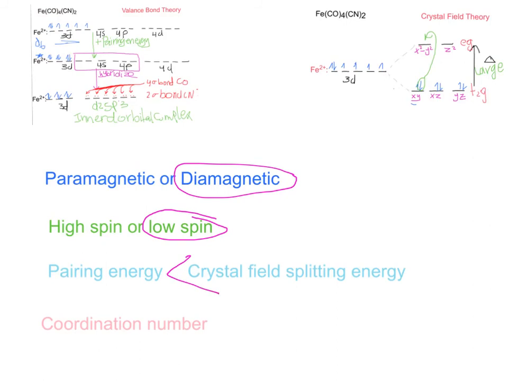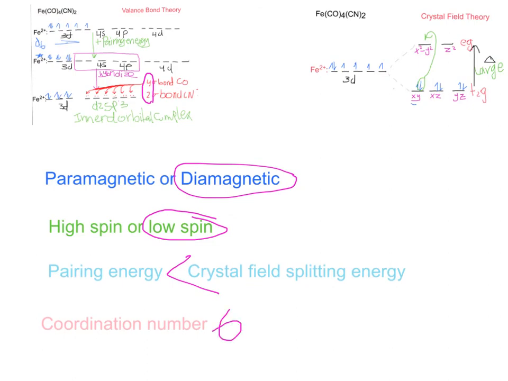The coordination number, let's define this as the number of bonds there are, because there will be some ligands that have two bonds, so it's the number of bonds there are in this orbital. We have six bonds, so that's a coordination number of six.